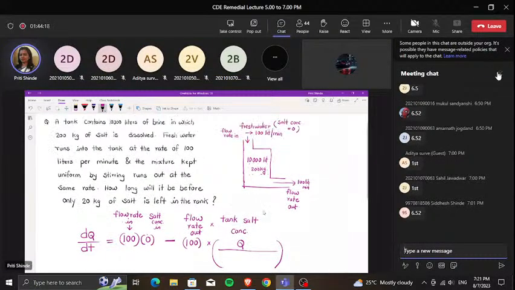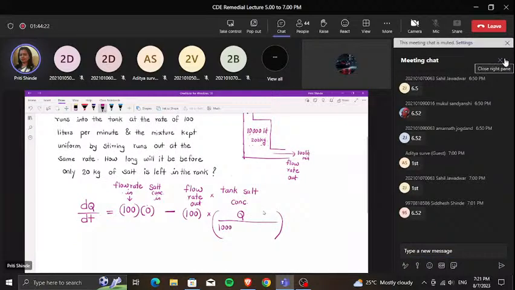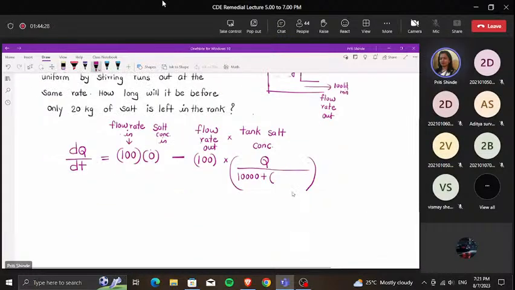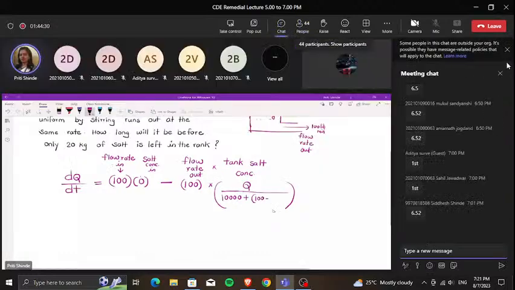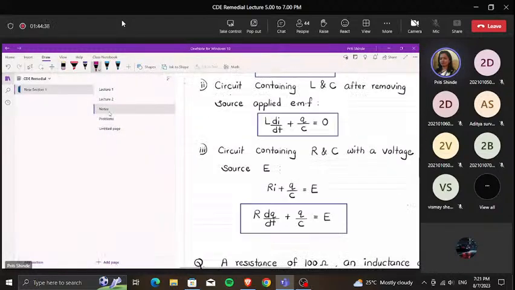In your formula you only have to replace the values: 10,000 plus flow rate in minus flow rate out, into t. So this is your differential equation. You can revise your formula.